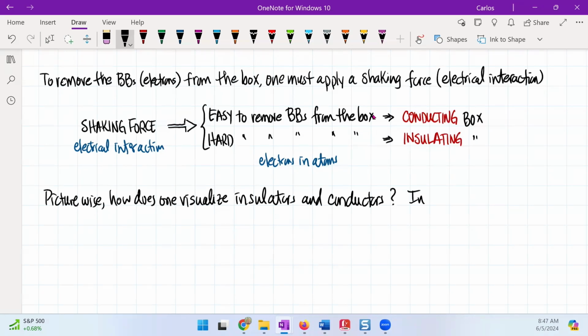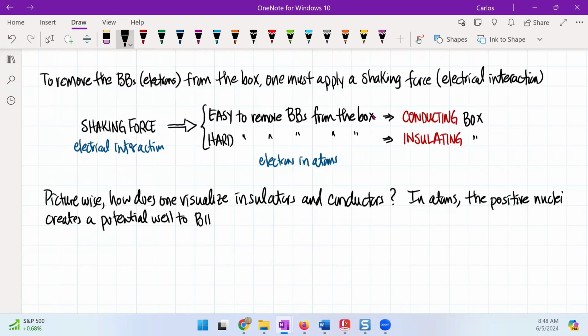So in atoms, the positive nuclei creates a potential well to bind electrons, where the depth is the binding energy.